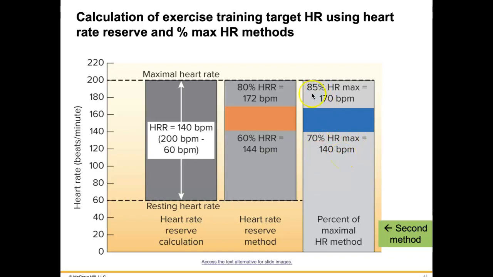And then for the top end of that range, we take 85% of the maximal heart rate, and we get 170 beats per minute. So notice how this range is very similar to our heart rate reserve method as well. And so using this, we can prescribe the intensity of our exercise using this indirect method or direct methods.